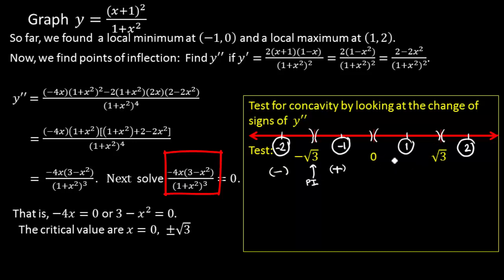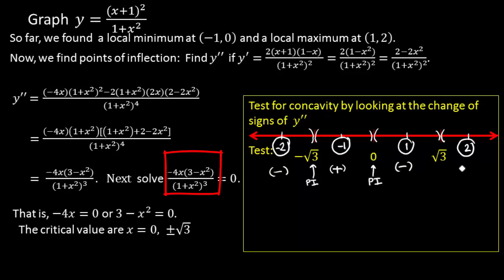Okay, let's see now to the right of 0. When we plug the 1 into the second derivative, 4 times 1, that's negative. 3 minus 1 squared, that's positive. So this is negative. The sign of the second derivative in the interval from 0 to square root of 3 is negative. So you have, again, another point of inflection occurring at x equal to 0.